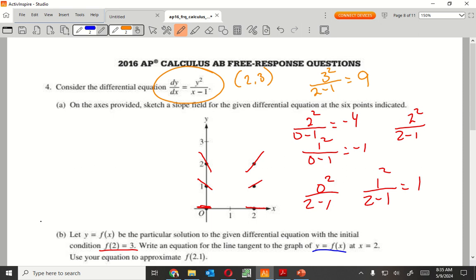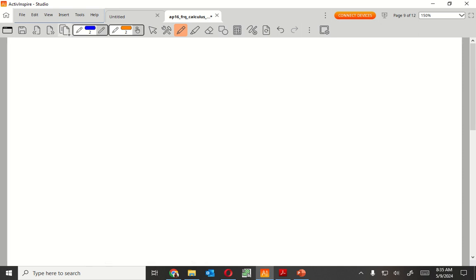So I have my slope now. Now I could actually plug it in. So my tangent line is going to be from here. Do we know what my y is?